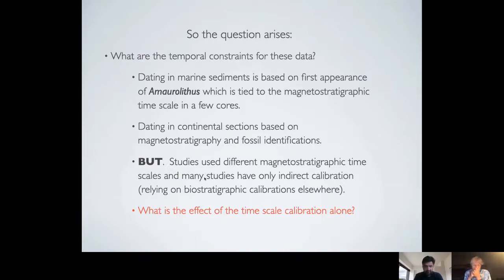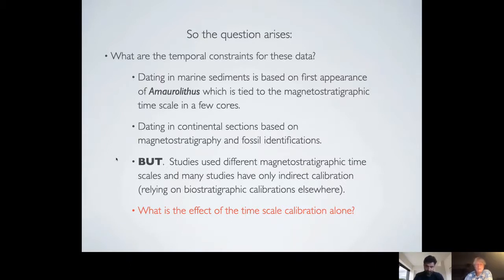The dating in continental sections was based on magnetostratigraphy or fossil identifications, which were indirectly dated by either potassium-argon, argon-argon dating, or magnetostratigraphic timescale. But the different studies used different timescales, and some just relied on biostratigraphic calibrations from elsewhere.